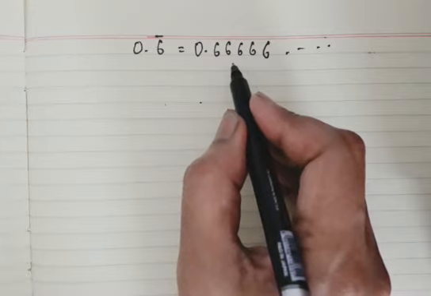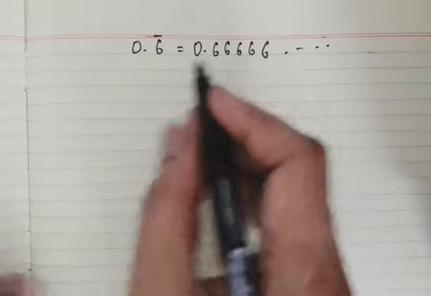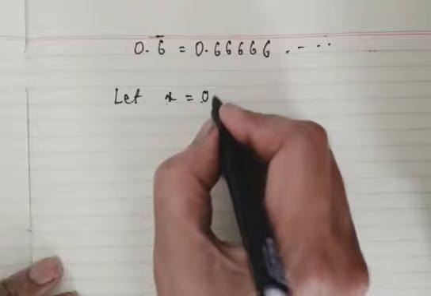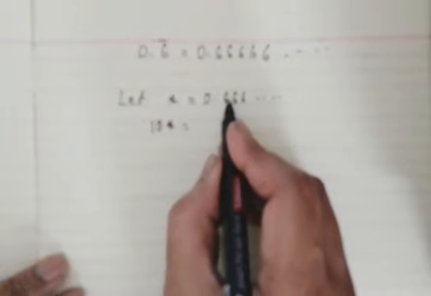For that, first let x equal to 0.666 like this. So 10x is equal to, if I multiply by 10, obviously the decimal has to be shifted after just one digit to the right.